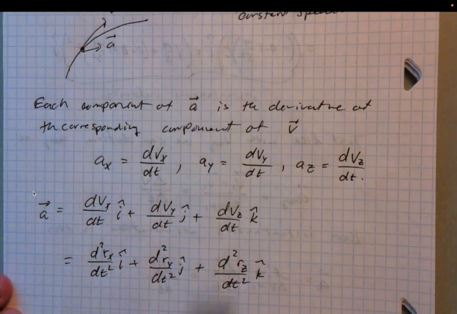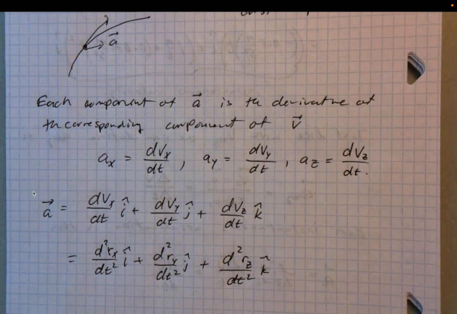So this is the second derivative of position. That's also acceleration, just like before. In the straight line case, we saw that if you start with the position function, you differentiate it twice, you get the acceleration function. Same idea. Now we're just dealing with vectors.